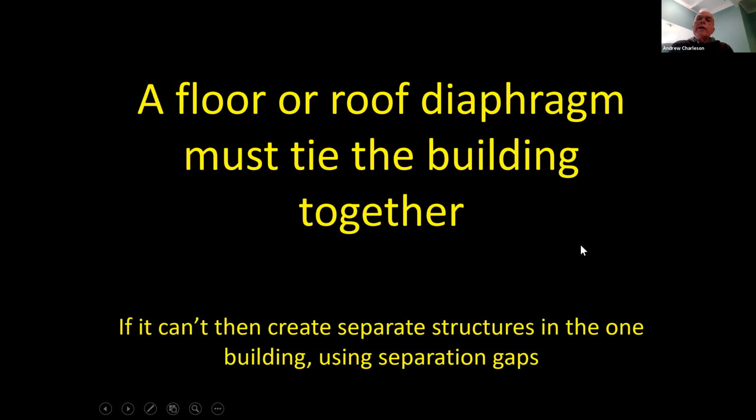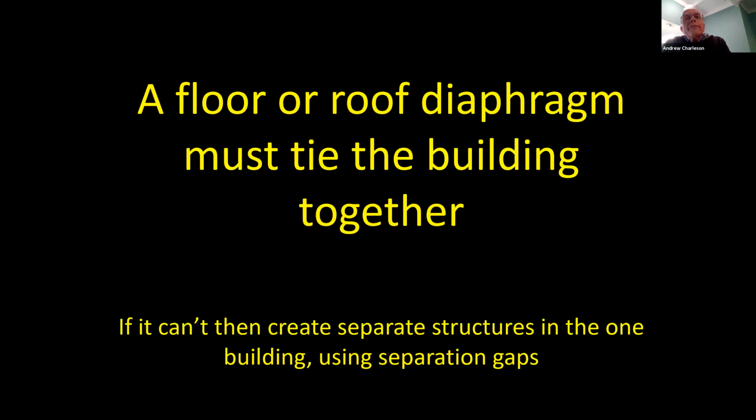So in summary, when it comes to designing a floor slab or a roof slab of a building, during an earthquake, that floor or roof slab has to function as a diaphragm. It's got to transfer the horizontal forces into the vertical elements where they can go safely down to the foundations.